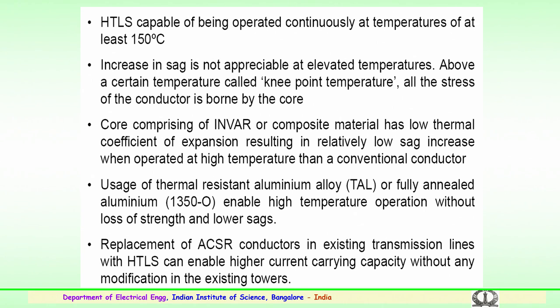So, this is a very important point when we are going in for upgrading the existing conductors. It is to be noted that while interchanging the conductors with very high capability HTLS conductors, no modification in the existing towers is required.